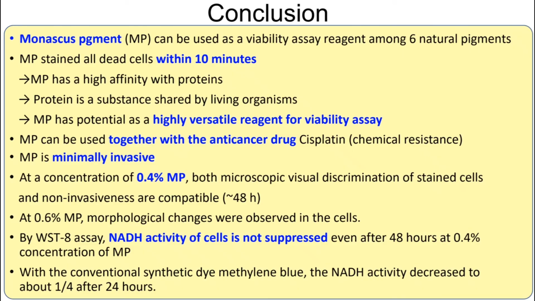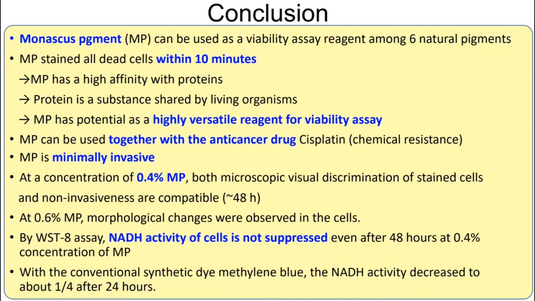This is the conclusion. Monascus pigment was available as a viability assay reagent among 6 natural pigments and stained all dead cells within 10 minutes. Since monascus pigment has a high affinity with proteins, which are substances common to living organisms, it has potential as a highly versatile viability assay reagent.